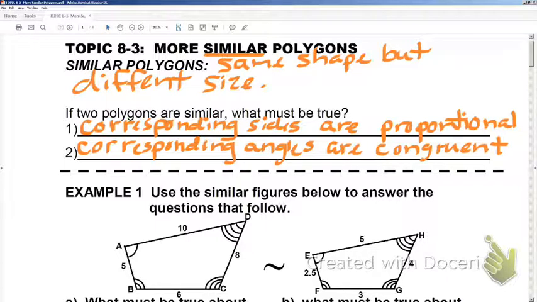So if I look down at example 1, side AD is proportional to side EH. AD is double EH, so they're proportional. The angles, angle A is congruent to angle E, so corresponding angles are congruent.